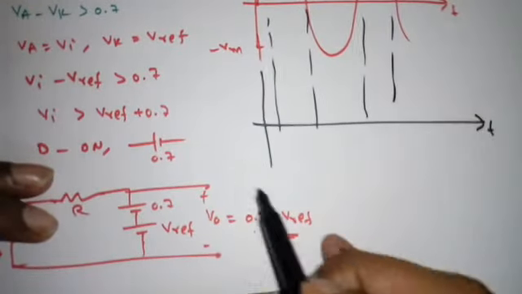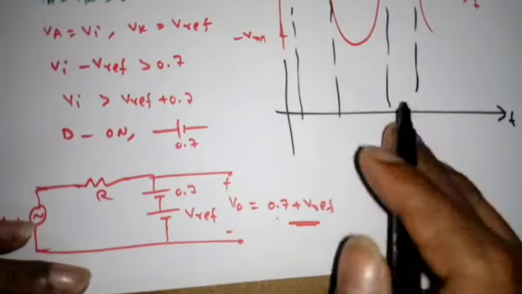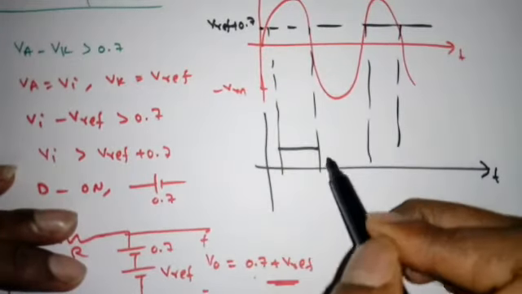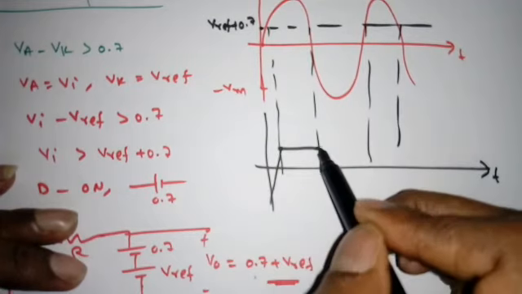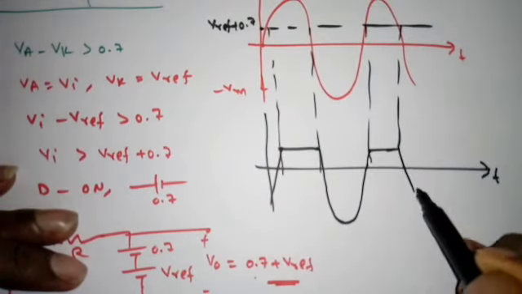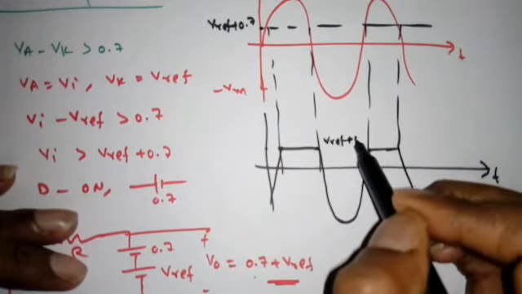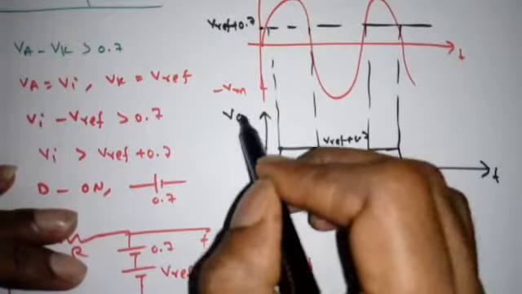Now when Vi is greater than Vref plus 0.7, so what is V naught? 0.7 plus Vref. So simple, we'll get like this only. So total negative half cycle will come, then positive half cycle up to Vref plus 0.7 V naught.